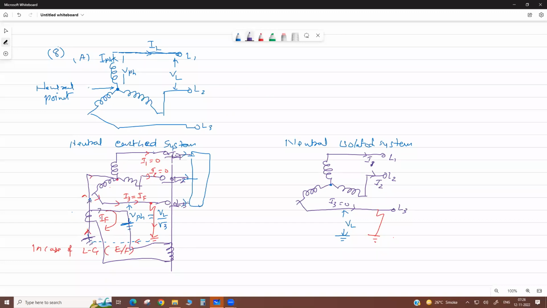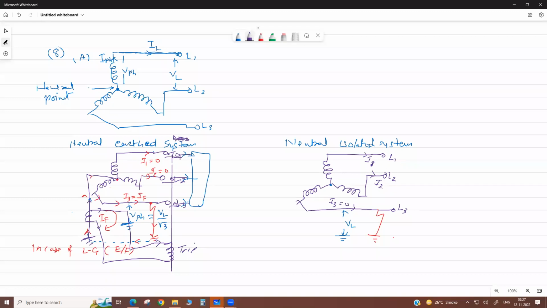It means there is a response in the CT secondary. Then this current is passed to the trip coil of the breaker, it is energized, and it trips the breaker. So this is your simple earth fault protection.